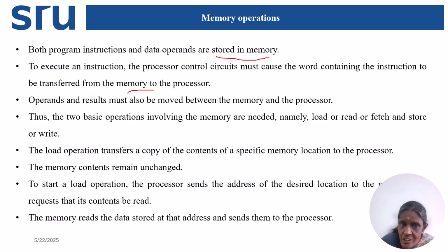Operands and results must also be moved between the memory and the processor. Thus, two basic operations involving the memory are needed, namely load, so read is ultimately called the load operation, or fetch, and store. So fetch, load or read, and store or write.